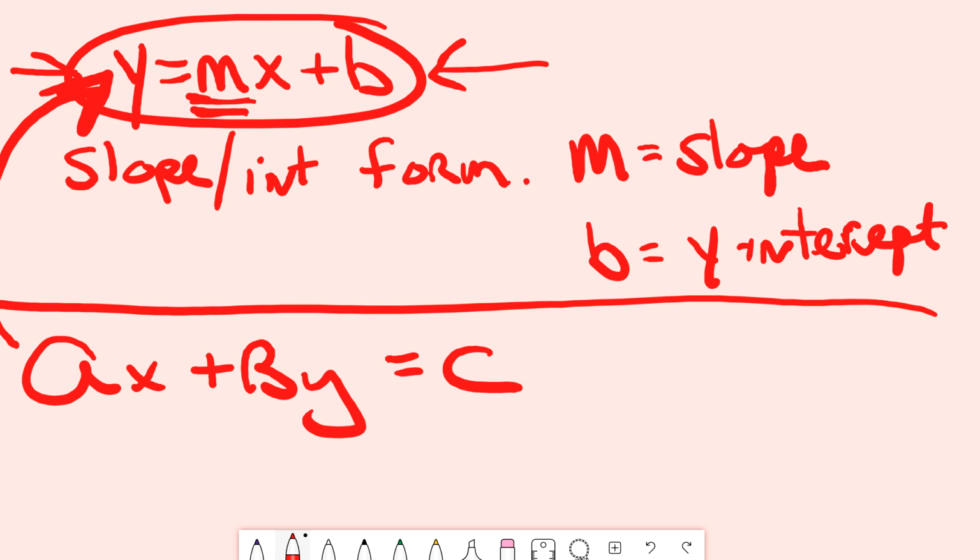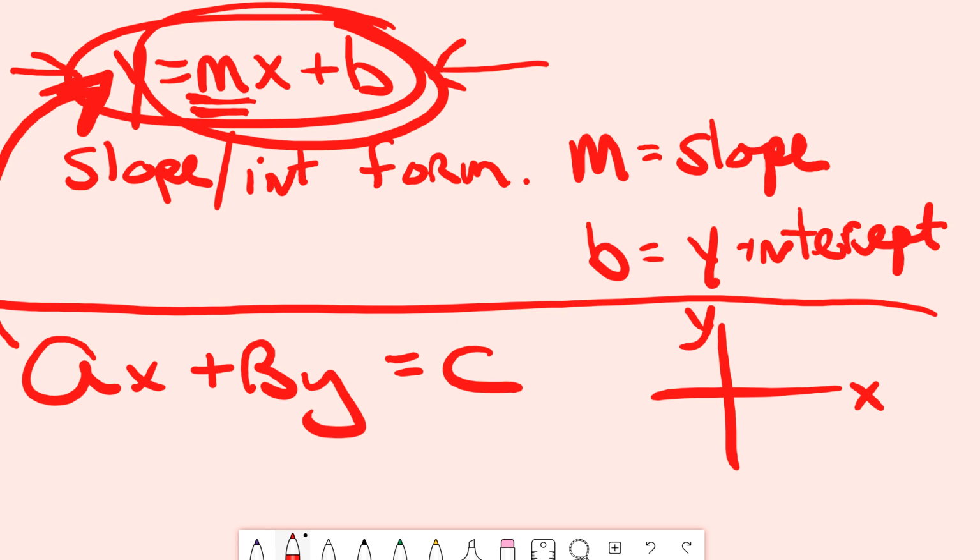B is what's called the y-intercept, meaning if I have a graph here, and we know this is x and this is y, if I have an equation where y equals mx plus b, and I say x equals 0, that means x is going to be here, anywhere on that y-axis, going up or down.